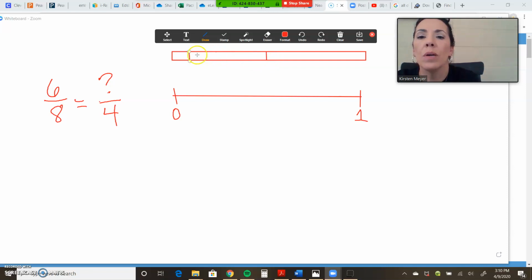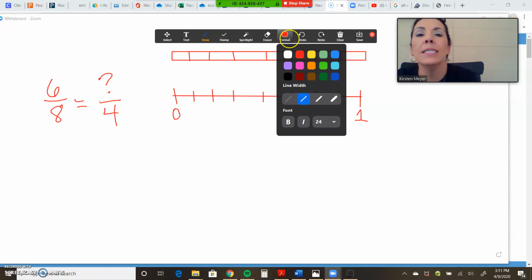So if I go 1, 2, 3, 4 parts, 5, 6, 7, 8. So if I come down here, I can make my tick marks go right below. 1 hop, 2 hops, 3 hops, 4 hops, 5 hops, 6 hops, 7 hops, 8 hops.